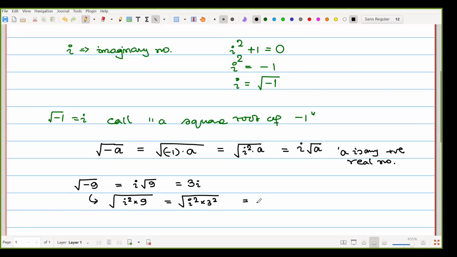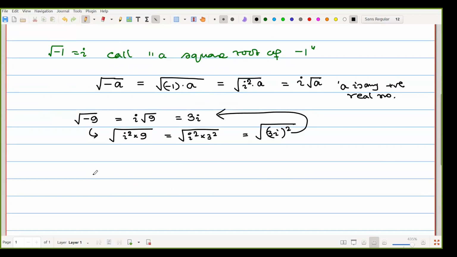So it is becoming the square root of (3i) whole square, so it is becoming 3i. Same as directly we can write square root of -36 as 6i.